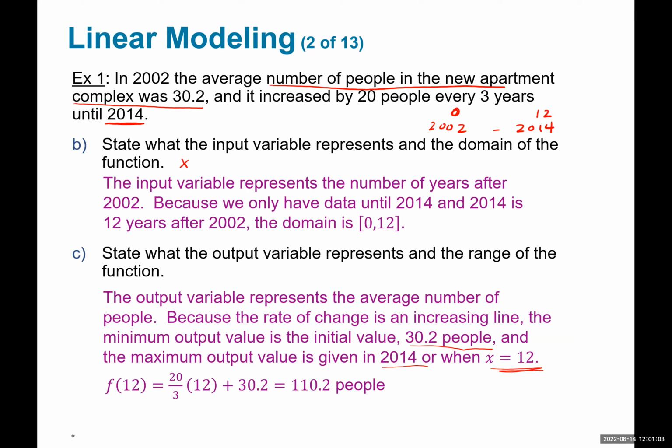So we plug in 12 and we see that that is 110 people. So our range is going to be from 30.2 people initially at the 0 year or 2002 to 110.2, 12 years later, 2014.